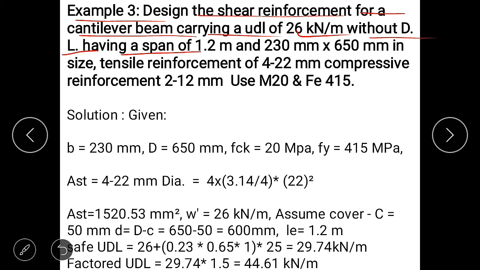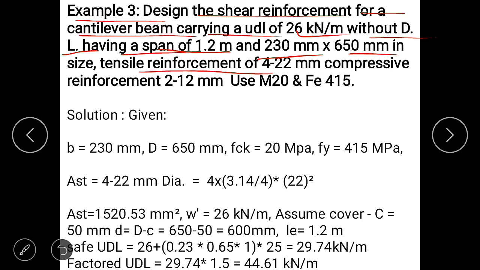It has a span of 1.2 meter. The span L is 1.2 meter and 230 mm into 650 mm means width is 230 mm and 650 mm is depth. Here it is not given whether the depth is effective or overall, so consider this depth as effective depth.